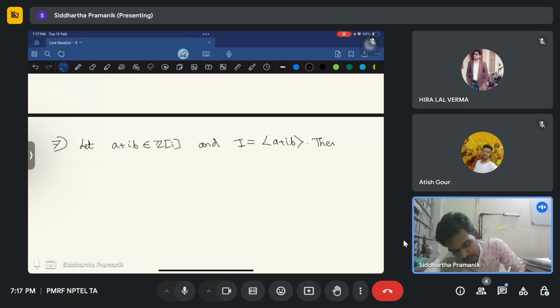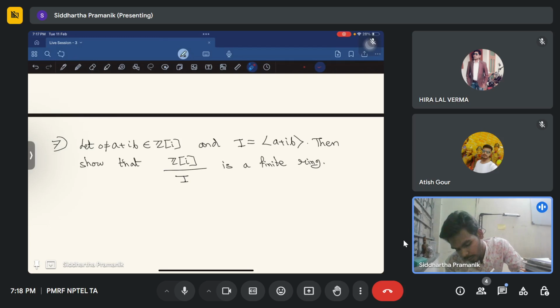Then the problem is, if we take the quotient Z[i] mod the ideal I, then it will always be a finite ring. We need to take a non-zero element, because if it is zero, then it will be Z[i], which is not a finite ring.